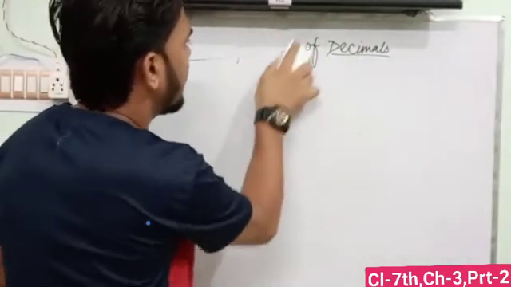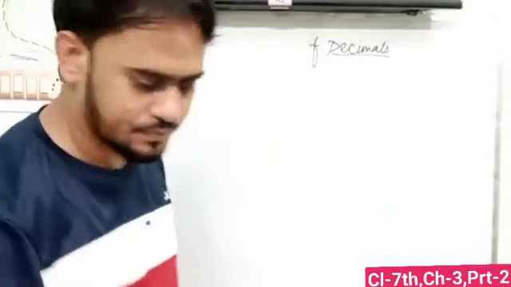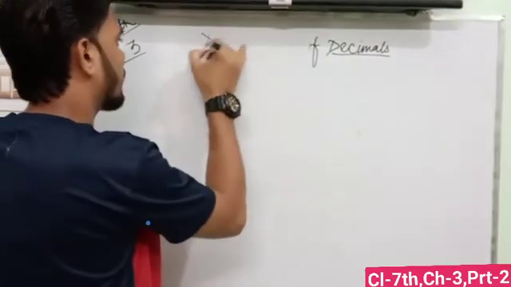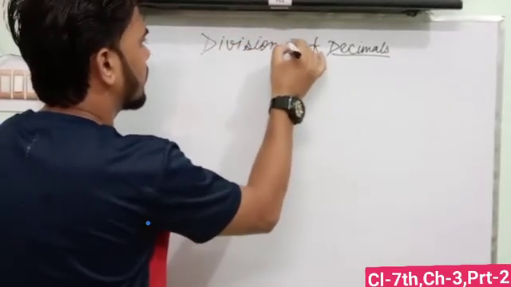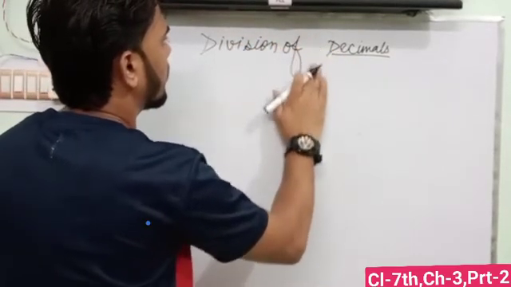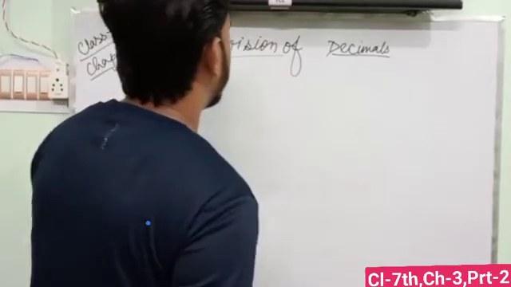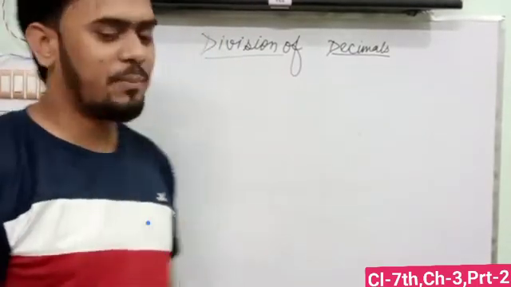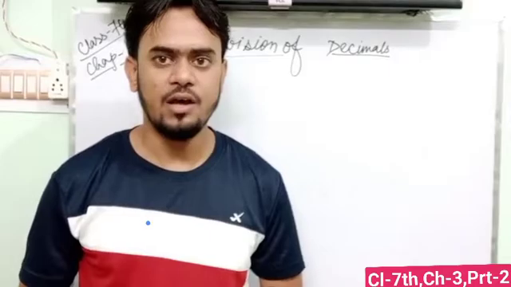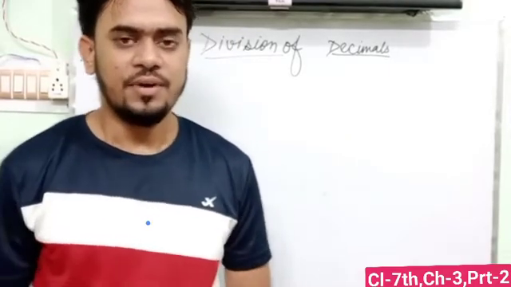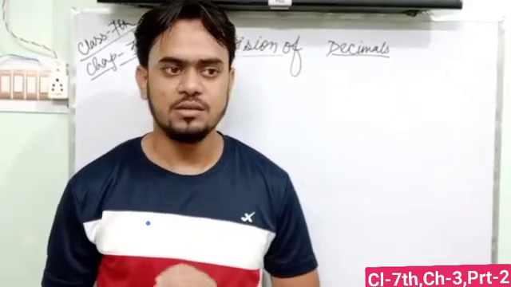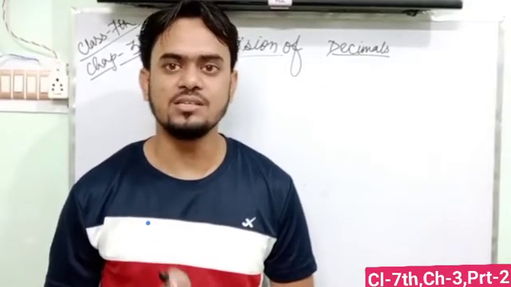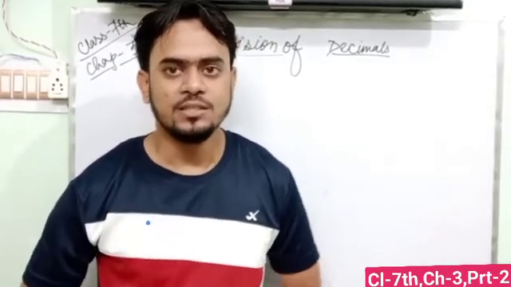Next is division of decimals. Division of a decimal by 10, 100 or 1000 is the same as multiplication, but with some steps opposite.